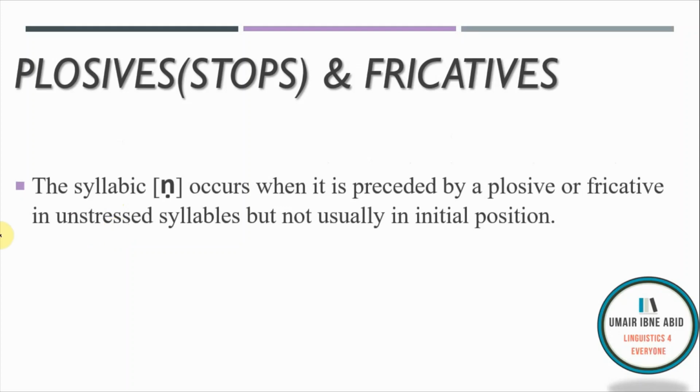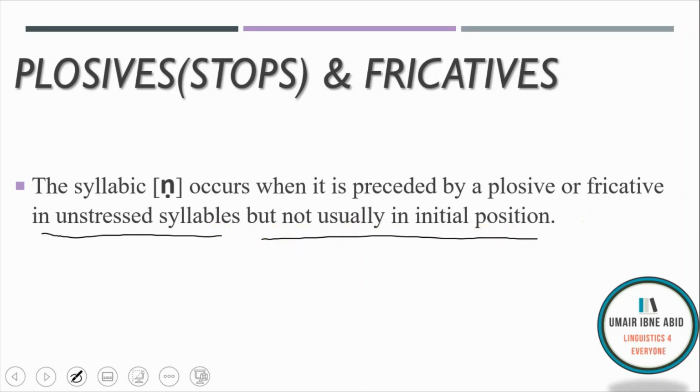With the first condition we have to know one more thing: syllabic N occurs when it is preceded by a plosive or fricative, moreover in an unstressed syllable. The syllabic N would never occur in a stressed syllable, and it would never occur in the beginning of the word.